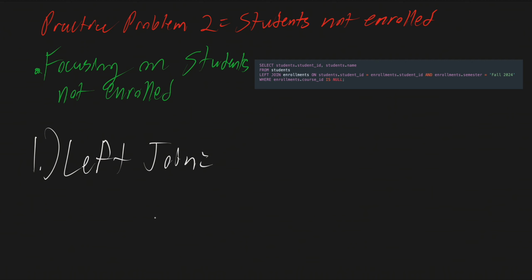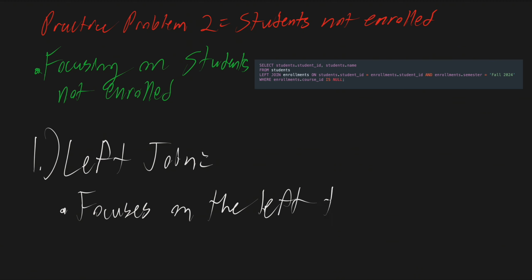Unlike inner join, where we just have regular join and what we already explained in the first problem, a left join ensures that all records from the left table, so it focuses on the left table, are included in the result set, even if there is no matching record on the right table for students enrollment in fall 2024.